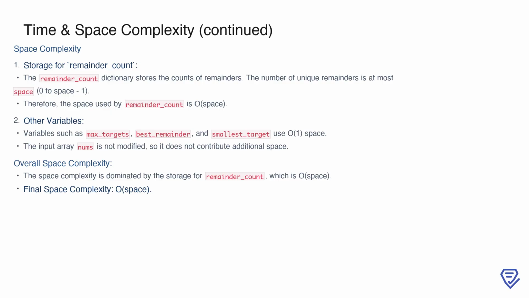Apart from this, the solution uses a few additional variables such as max_targets, best_remainder, and smallest_target, which only require constant space, or O(1). Since the input array nums is not modified and doesn't require extra storage, it doesn't contribute to the space complexity. As a result, the overall space complexity is dominated by the remainder_count dictionary, which is O(space).